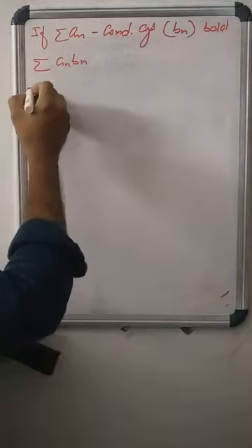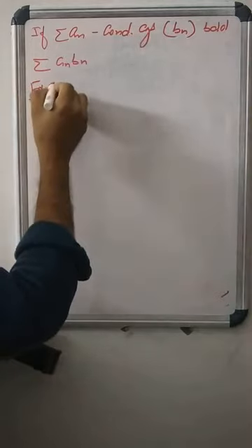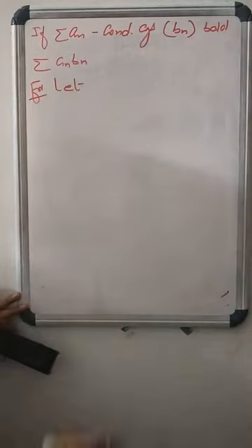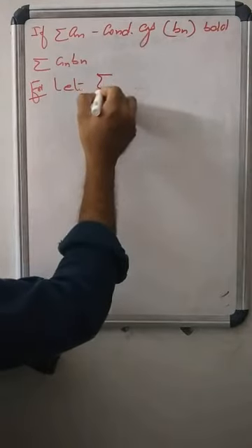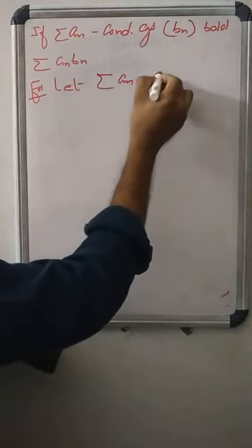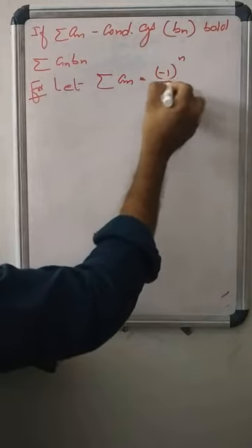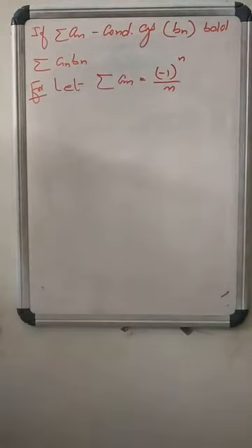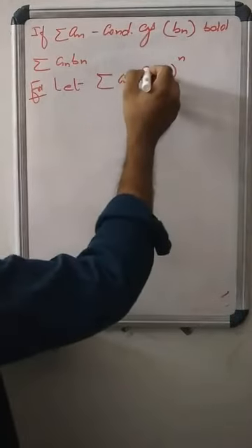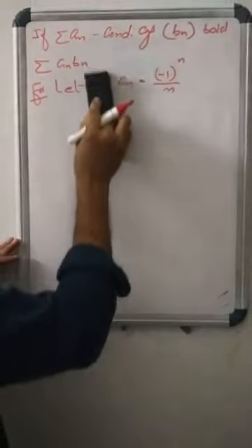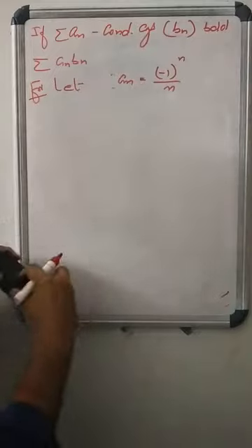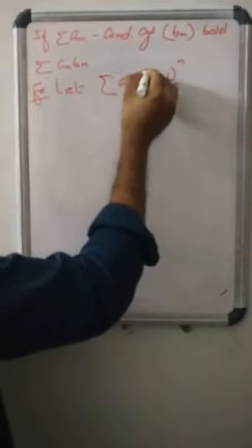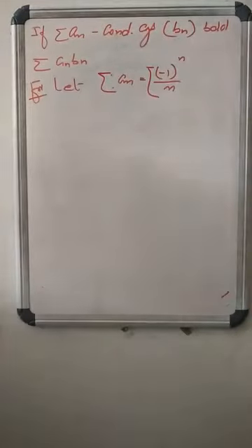So, let's consider a series, an equals minus 1 power n by n, so sigma an equals sigma minus 1 power n by n.